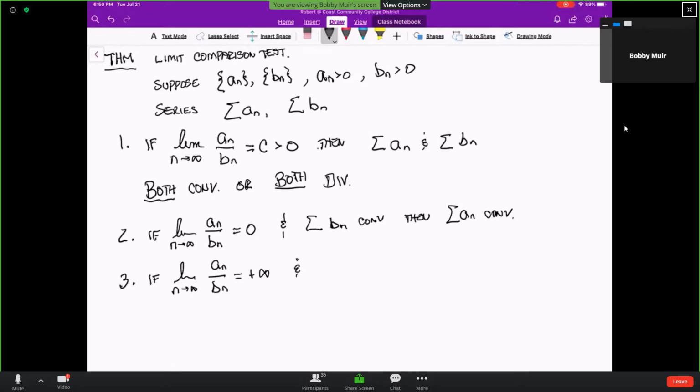And if the sum of the Bn's diverge, since the An's must be bigger than those, then the sum of the An's diverges. I'll give you a second to catch up there.